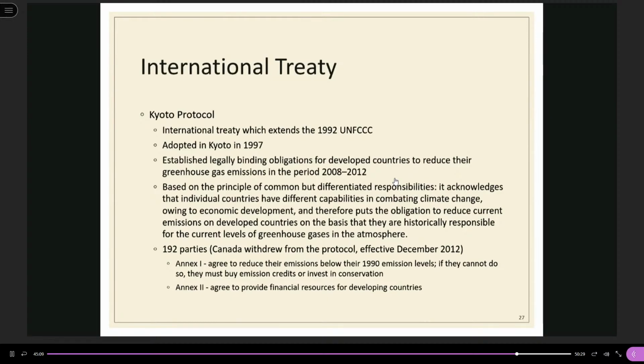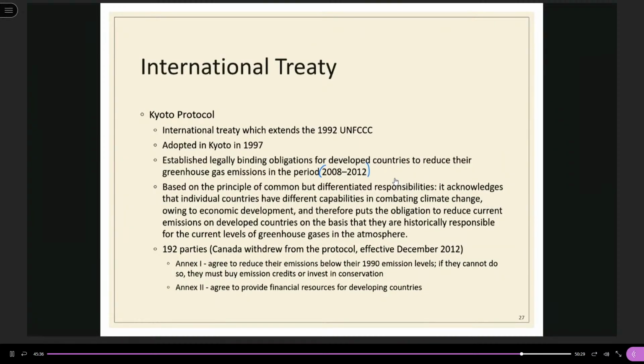And then in 1997, the Kyoto Protocol was adopted, and it established a legally binding obligation for developed countries to reduce their greenhouse gas emissions for the period 2008 to 2012. So this treaty is for this period of time.